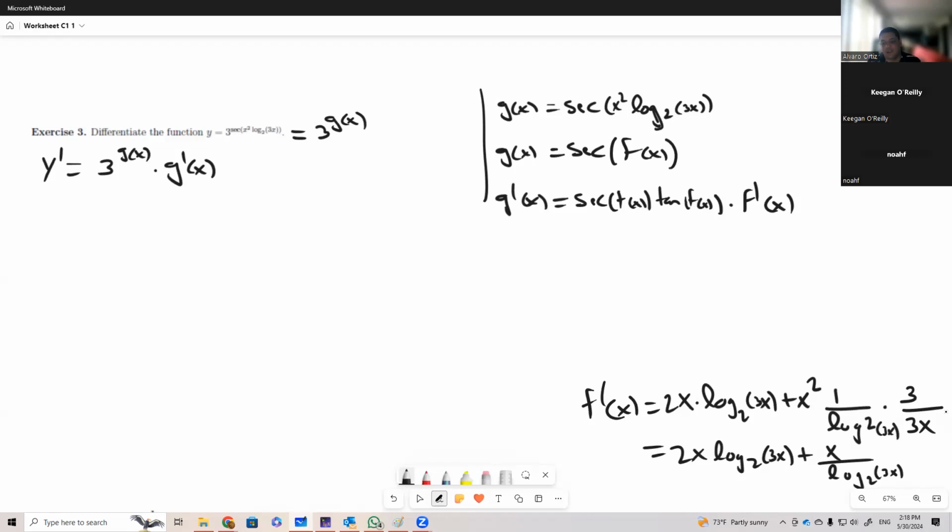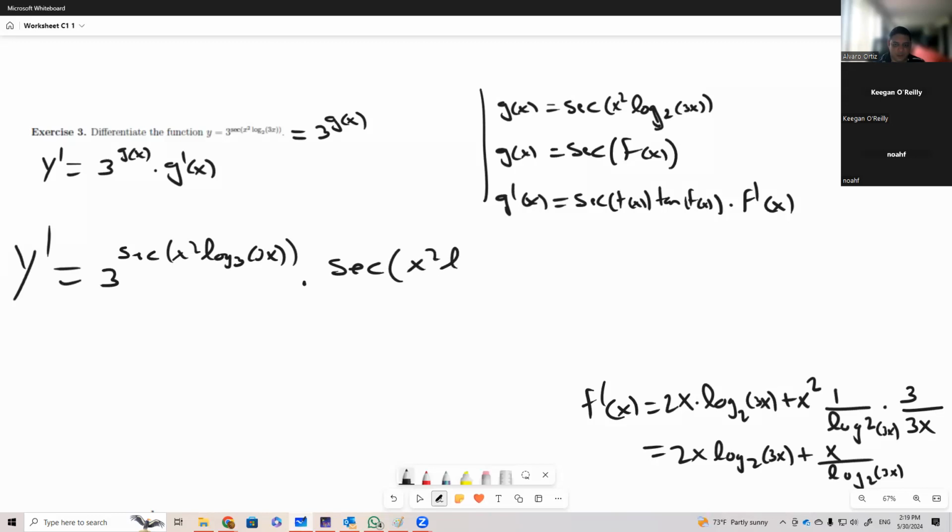Okay, so now that we got the final one, we go back. It's going to be a little tedious, but we write, okay, y prime is 3 to the horrible secant x squared log base 3 of 3x, and then times g prime. But who's g prime? Oh, it is secant of x squared log base 2 of 3x, tangent x squared log base 2 of 3x.